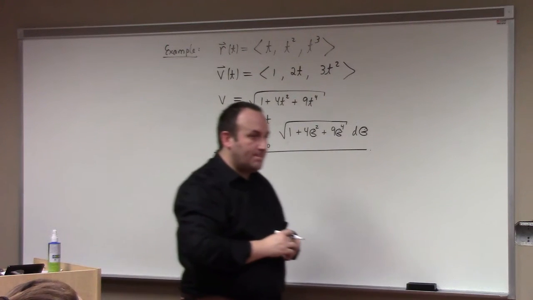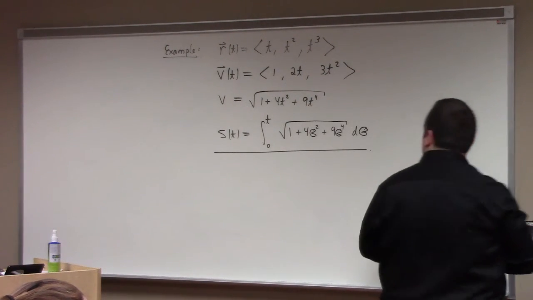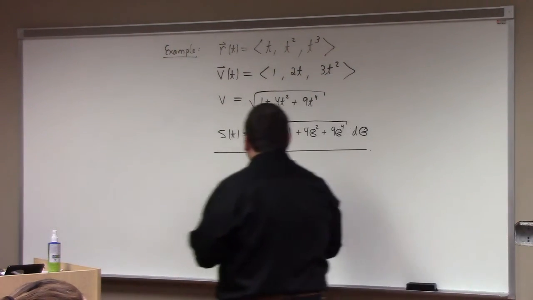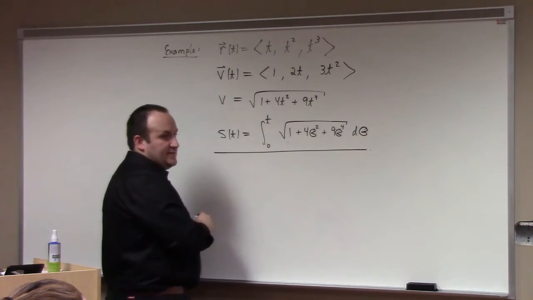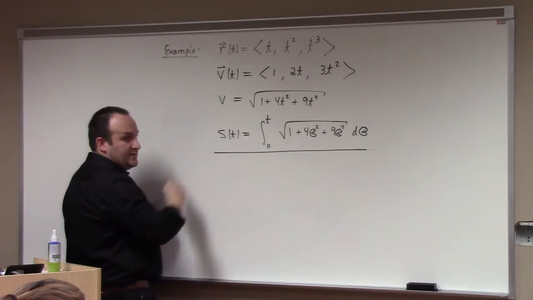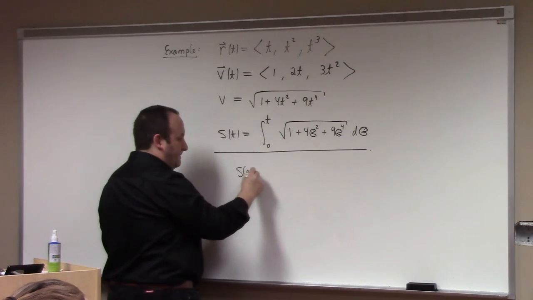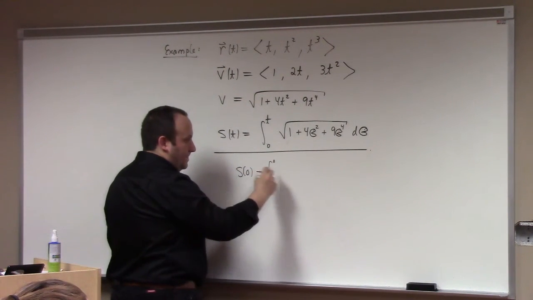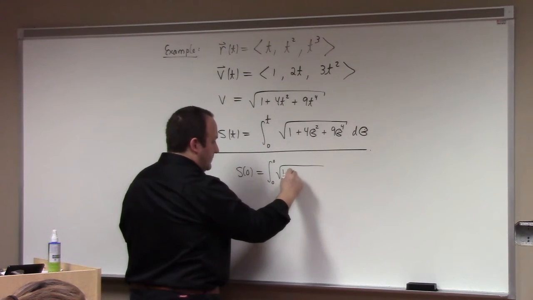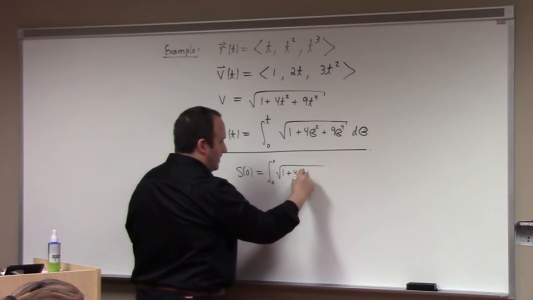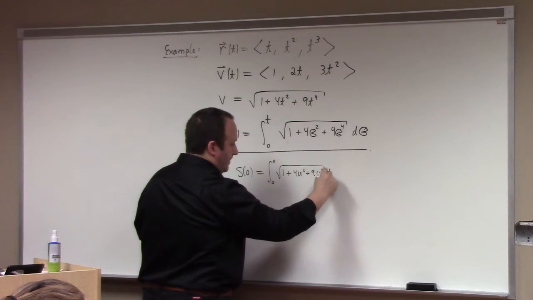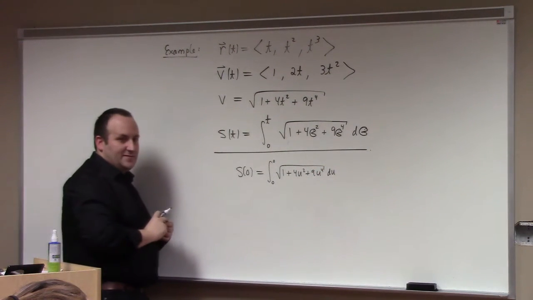Yes, sir? Should the t still be in the interval then? Oh, yes. That t is necessary. That's the same t that's appearing here. For example, what's the arc length from 0 to 0? It's a lot of writing, but what is it?